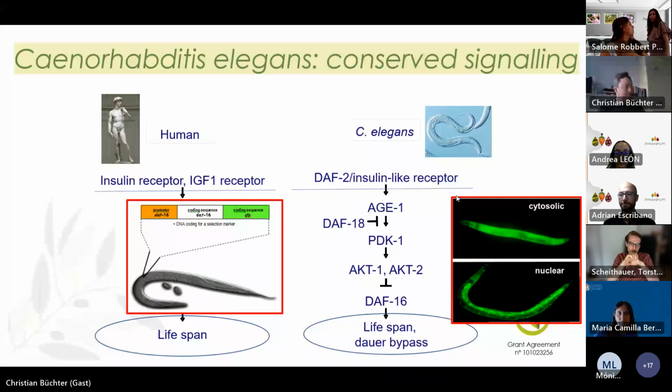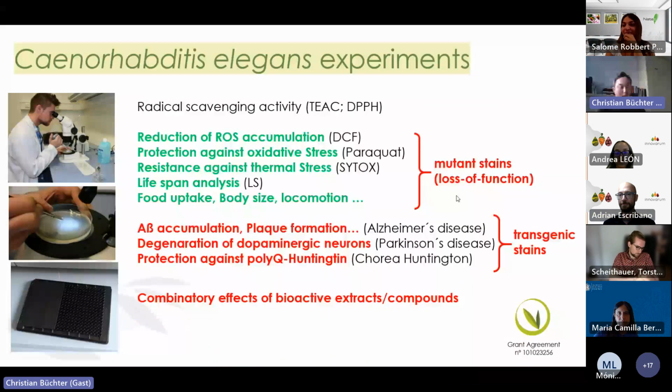Further, if we find some compounds that have protective effects in the wild type, we use, for example, loss of function mutant strains to investigate the involvement of these signaling molecules in the protective effects we have found.